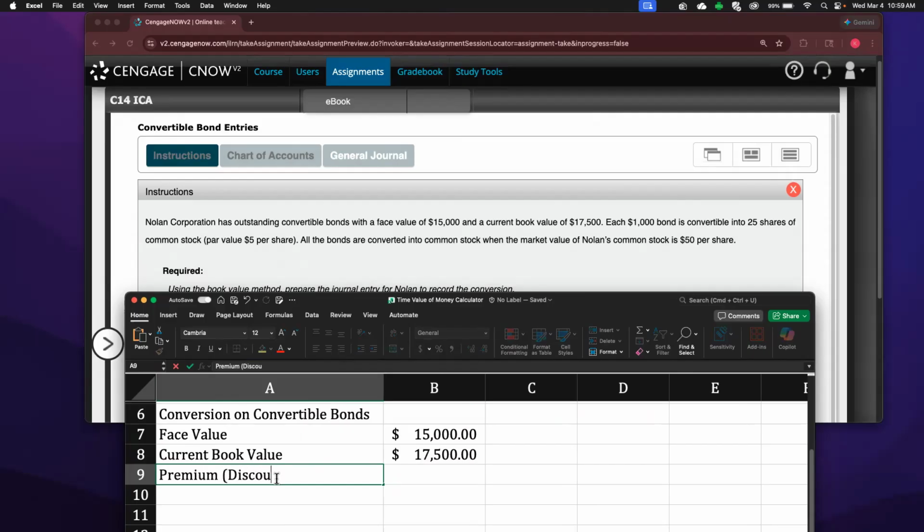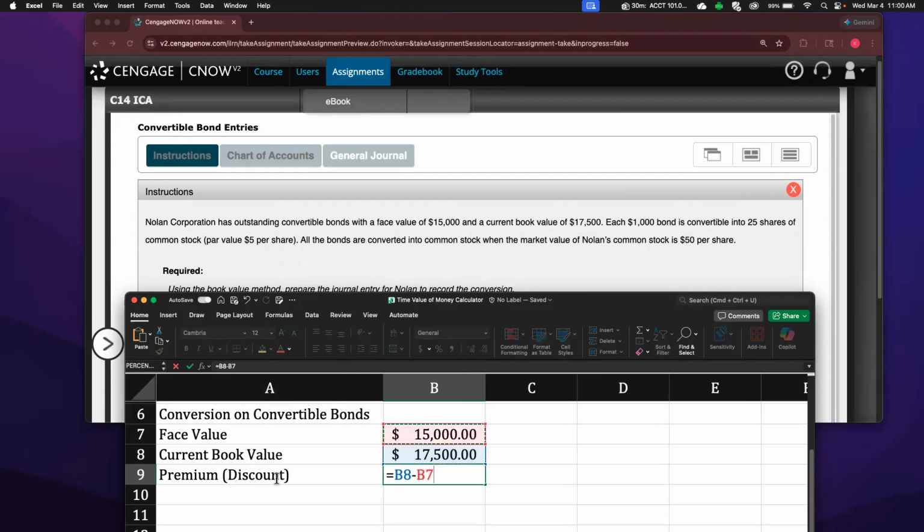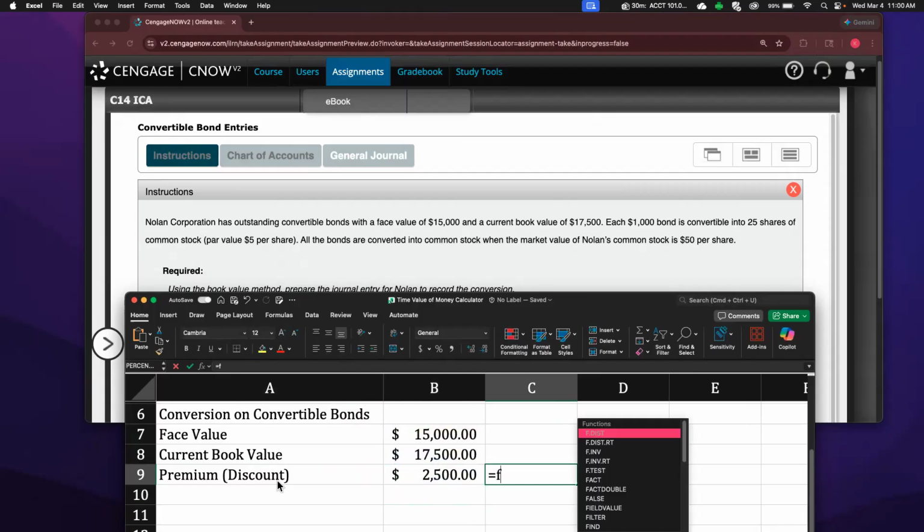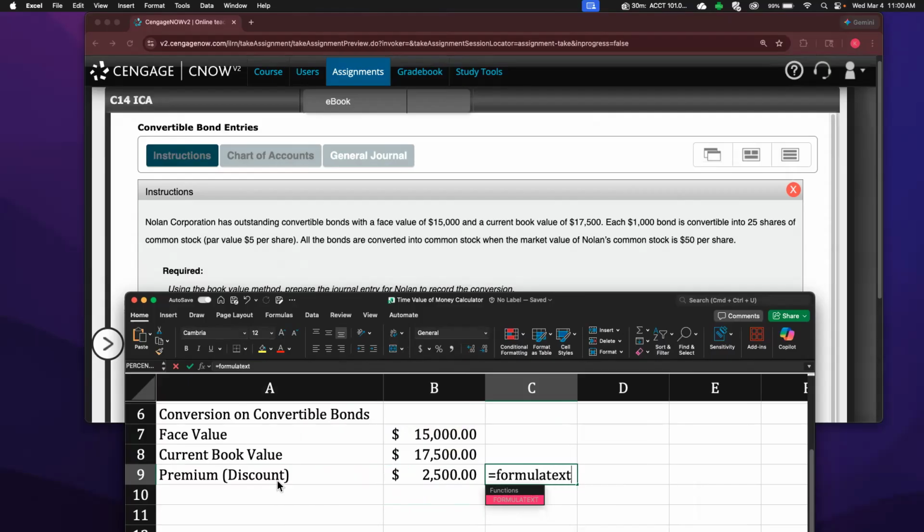If for some reason this number would be negative, it would be a discount. Our premium is our current book value minus the face value. So on the books, we have bonds payable of $15,000 and premiums on bonds payable of $2,500. That makes our total carrying amount $17,500.